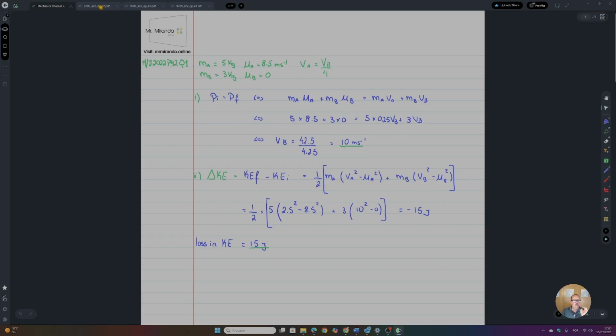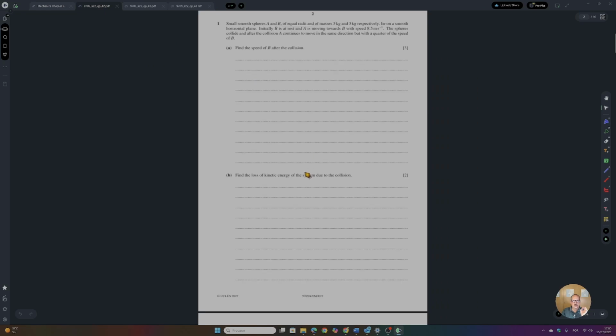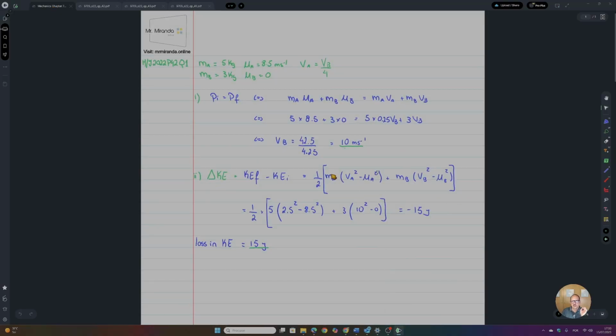Then you want to calculate on the second sub-question the loss of kinetic energy of the system due to the collision. Here I made already a very big shortcut in terms of factorizing, but this is just applying the formula for the kinetic energy before and after. After is the kinetic energy of both objects. Before is the kinetic energy of both objects before the impact, knowing that one of them is going to be 0.